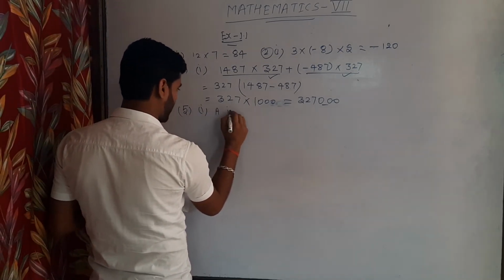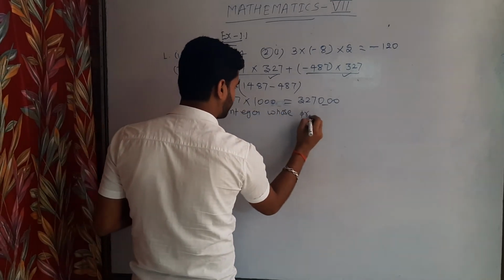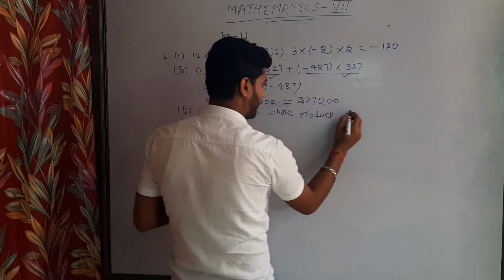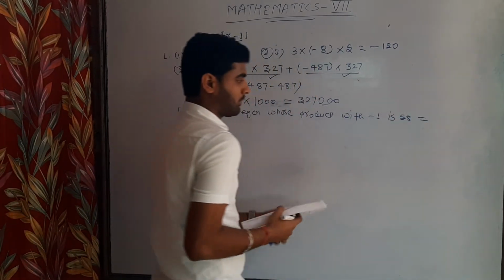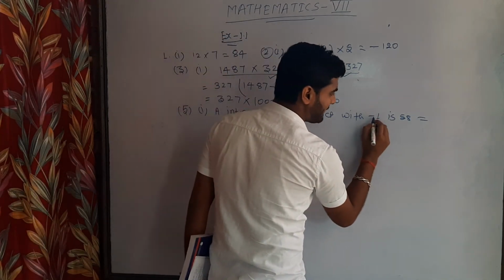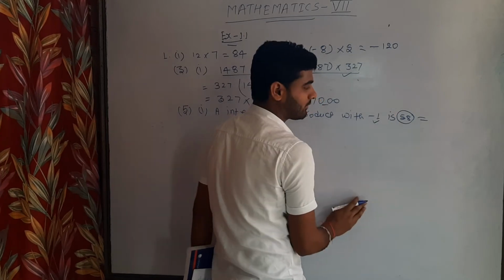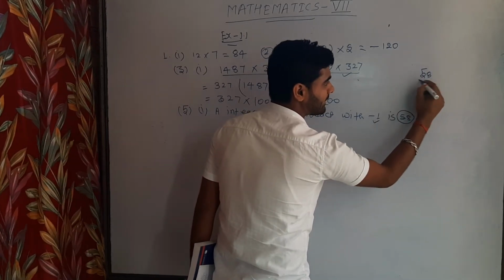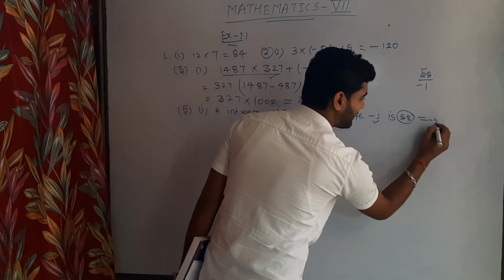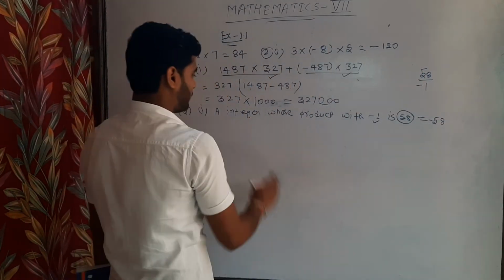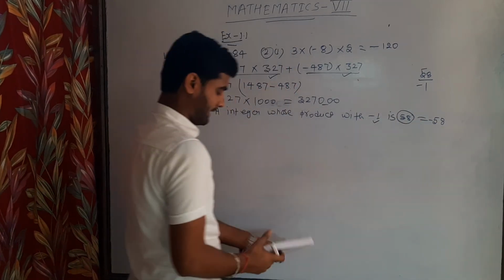An integer whose product with minus 1 is 58 is equal to... Now we divide that number by minus 1. 58 divided by minus 1. What is the result? Result is minus 58. So the integer whose product with minus 1 is 58 is minus 58.